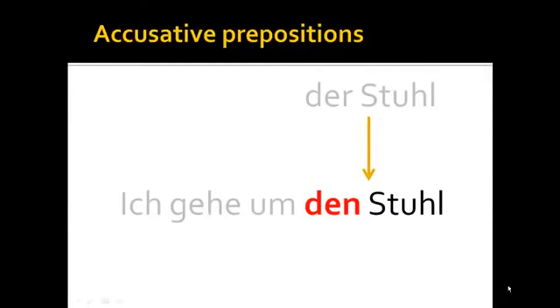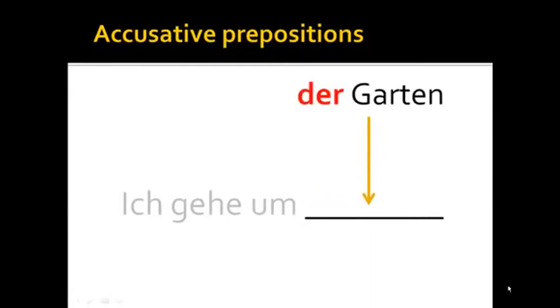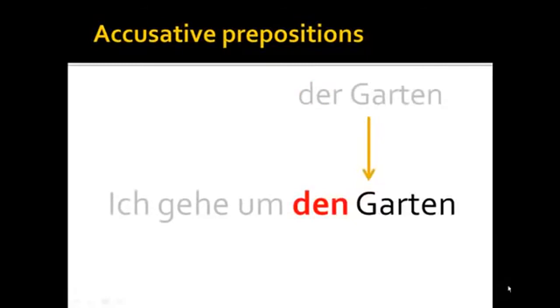And the same thing with this next example. Ich gehe der Garten. Now, ich gehe again, I am circumambulating. Circumambulating what? Der Garten, the garden. Again, it's a masculine singular noun, and for this presentation I'm only using these because it shows very distinctly the change from der to den, the accusative. Der Garten would have to go into, you guessed it, ich gehe den Garten.